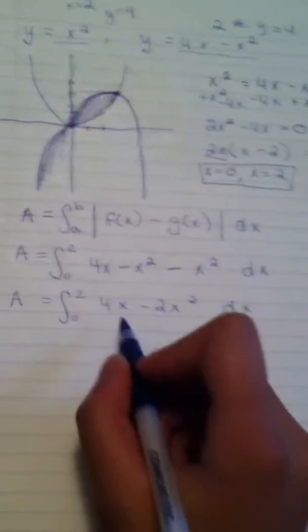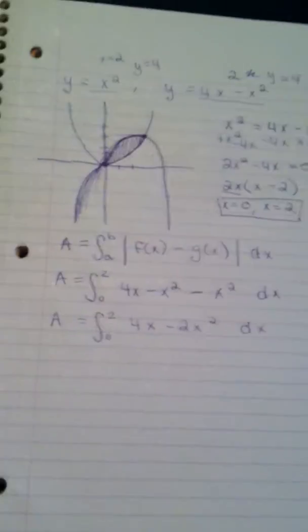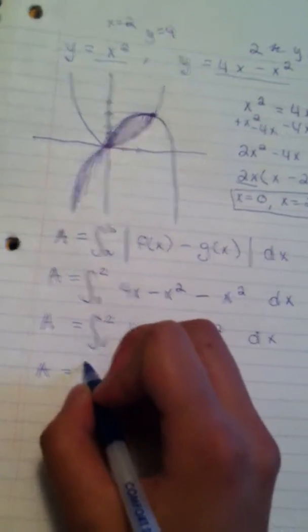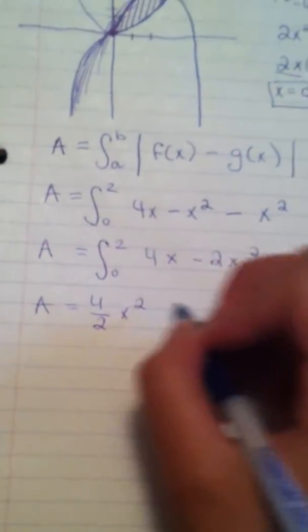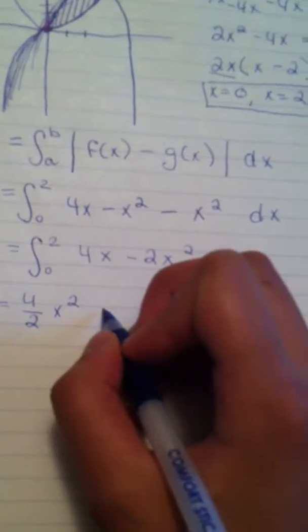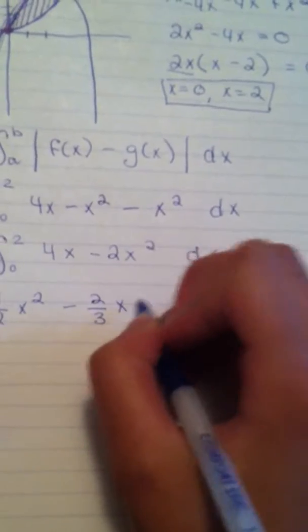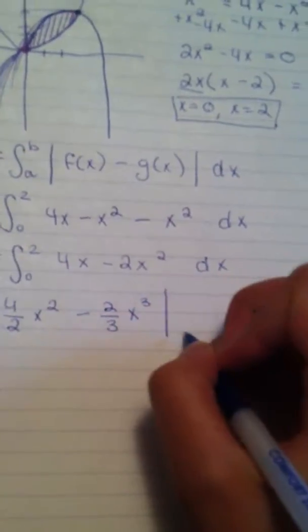Now we integrate this. We have area equals 4 halves x squared minus 2/3 x cubed, evaluated at 0 and 2.